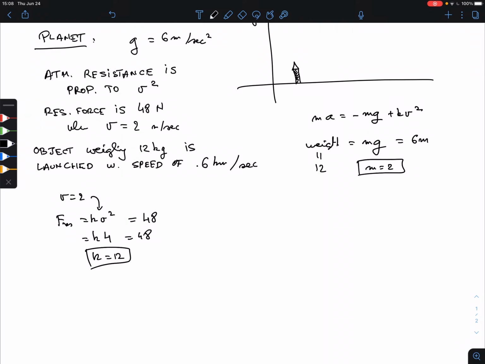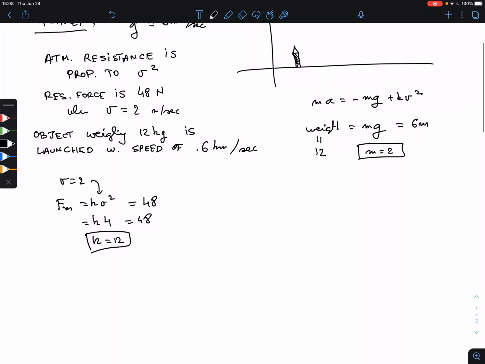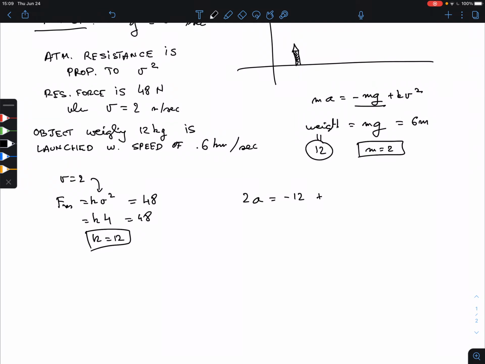Okay, so let's plug everything in. We have 2a equals minus 2g, which is minus 12. Don't forget, this is mg, the original weight. Minus 12 plus k, what was k? k was also 12, so 12v squared.